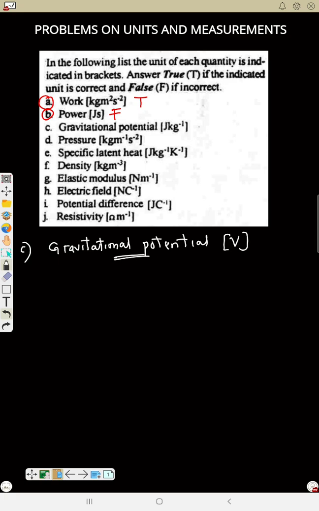So we know that objects that have mass attract each other. So that means if I have a ball, let's say I have a ball here, a ball of mass m.